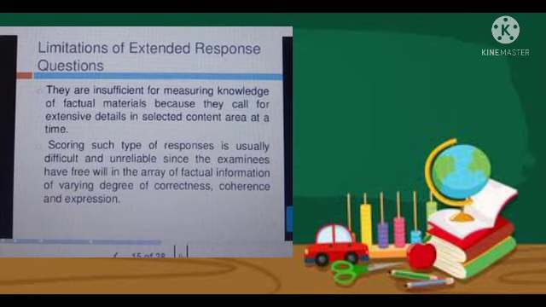First, they are insufficient for measuring knowledge of factual materials because they call for extensive details in a selected content area at a time. Next, scoring such type of response is usually difficult and unreliable since the examinees have free will in the array of factual information of varying degrees of correctness, coherence, and expression.